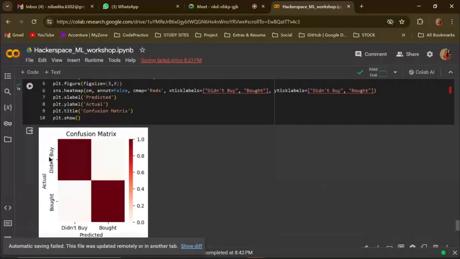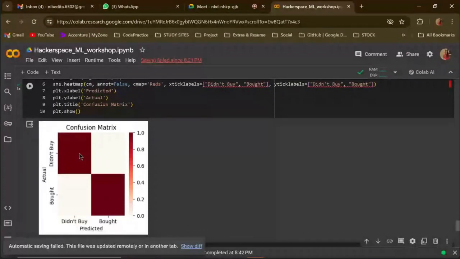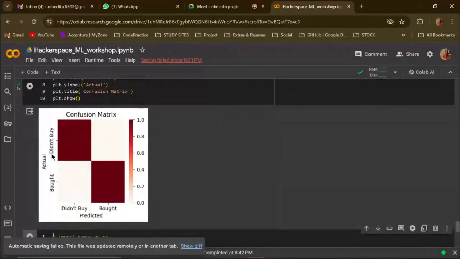The dark colors show the people who did not buy a house and were classified as did not buy. 100% of these were classified correctly, and the people who bought were classified as bought. The lighter shades are 0% wrong data.